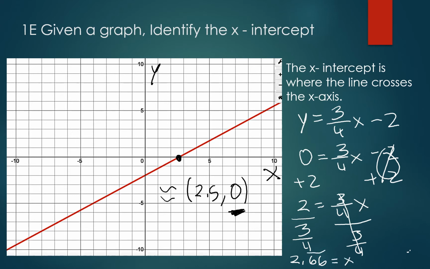Or in other words, it gives me 8 over 3 is equal to x. So our approximation was pretty close. So our exact x-intercept happens to be 2.66, 0.